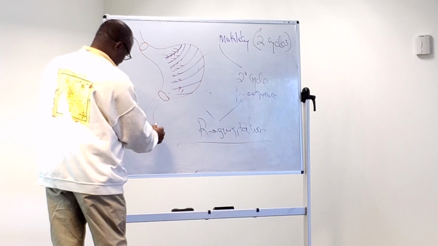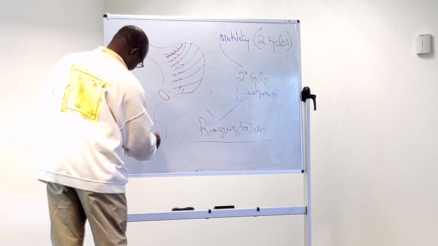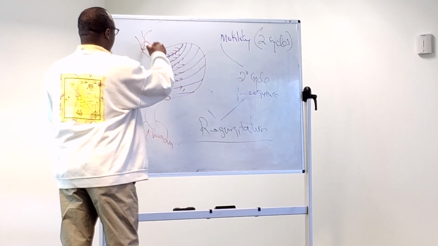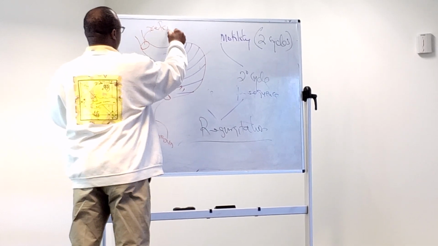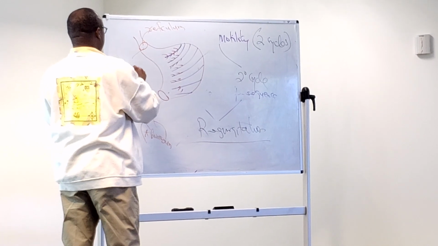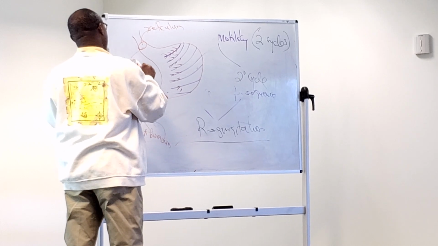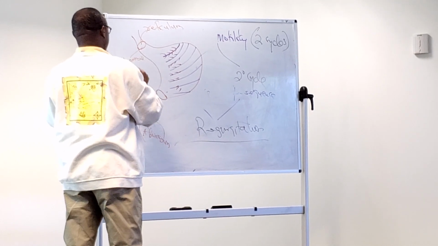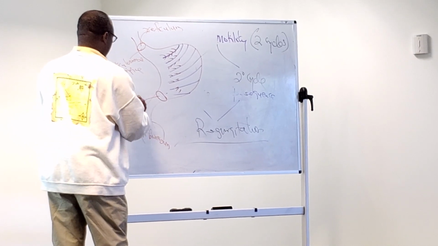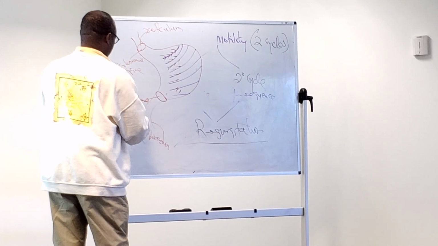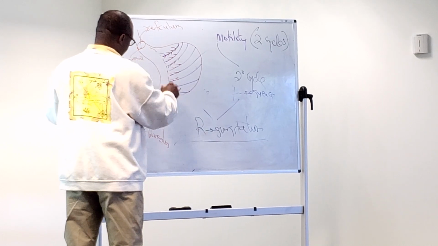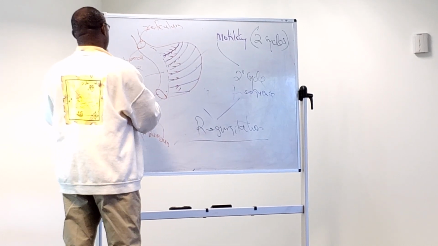This omasum is going to lead to the abomasum, and this is coming from the reticulum. So this is the reticulo-omasal orifice. And this is the omaso-abomasal orifice. Now this basically creates a canal, which is called the omasal canal.